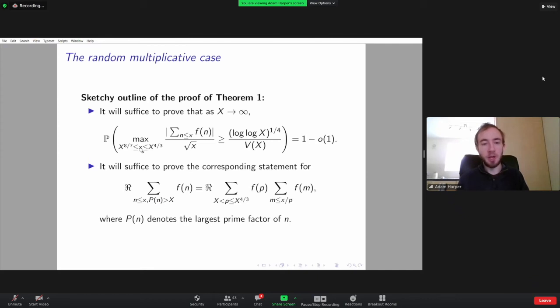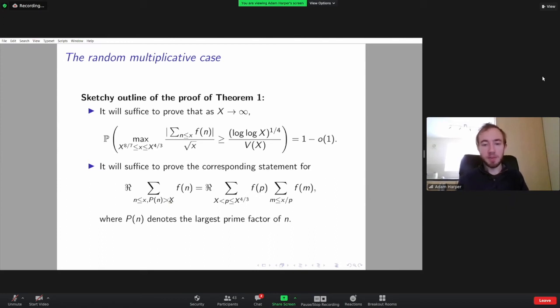Just note that little x starts at capital X to the 8/7. So there's a positive proportion of terms in this sum that have a prime factor that's big. So we shouldn't have lost too much by restricting to that. And the advantage of looking at this is that numbers less than x, which have a prime factor bigger than capital X, only have one, because they're not big enough to have 2 prime factors of this size.